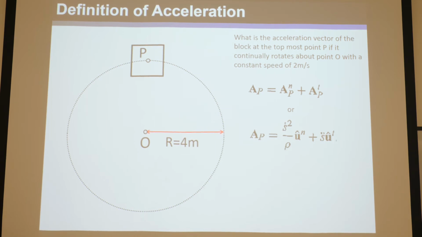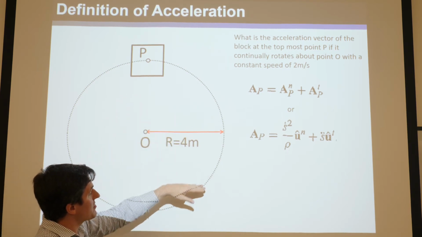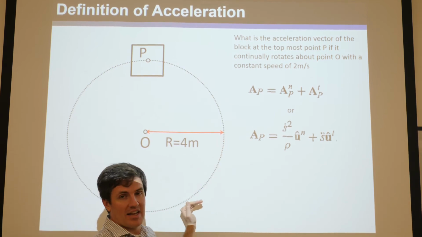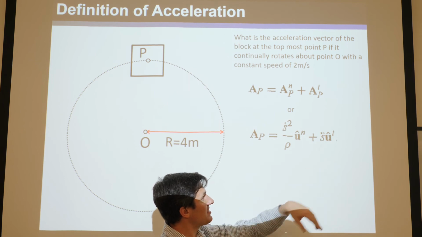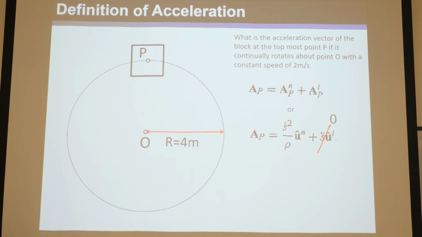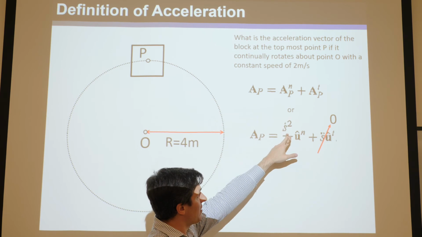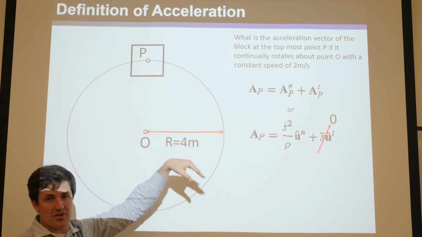If it's moving at a constant speed of 2 meters per second around here, then you ask yourself, what's the acceleration tangent to the path? If it's constant, then this goes to 0, because the derivative of a constant is 0. And then the acceleration at that point is that speed, 2 meters per second, squared, divided by rho, where rho is the radius of that circle.